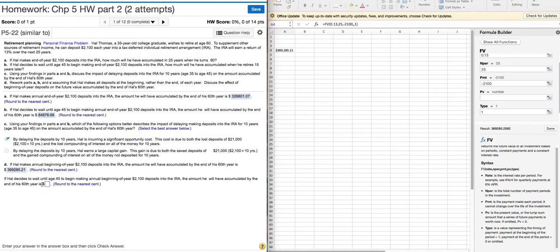And if we were to delay the payments by 10 years, same thing, just we'll change the number of periods down to 15. All the other figures are the same. And now we have 95,000, which again, as we would expect, is more than the ordinary annuity scenario, which in that case was only 84,876.